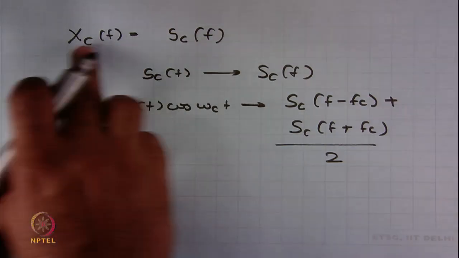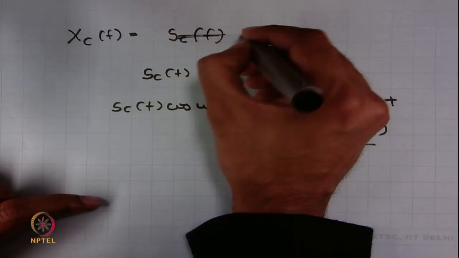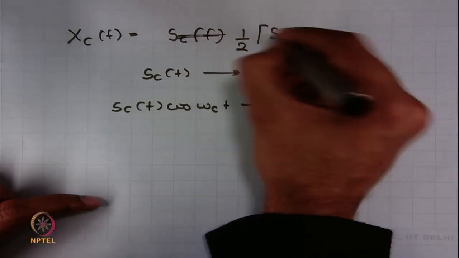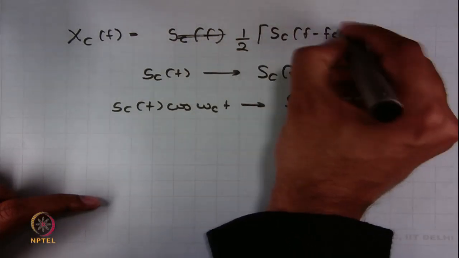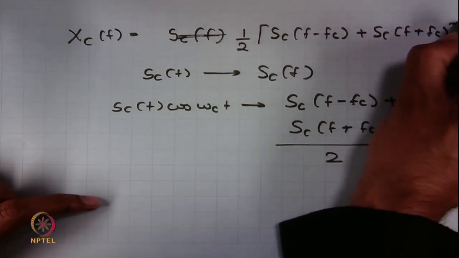So, XC(f) would then be half of [SC(f minus fc) plus SC(f plus fc)].